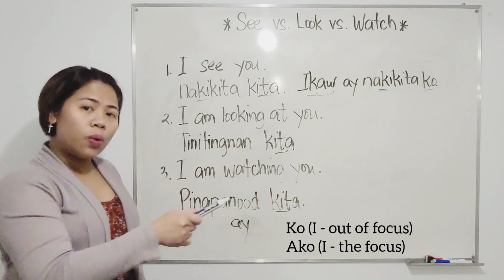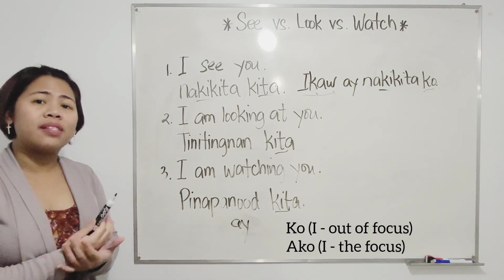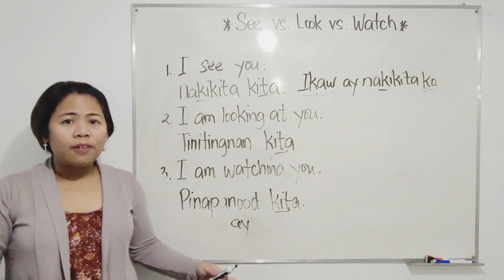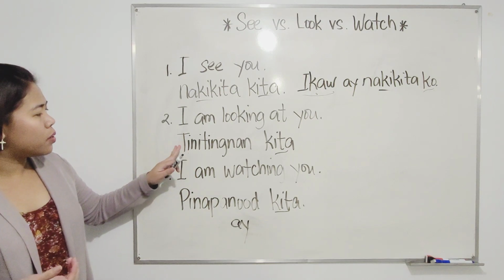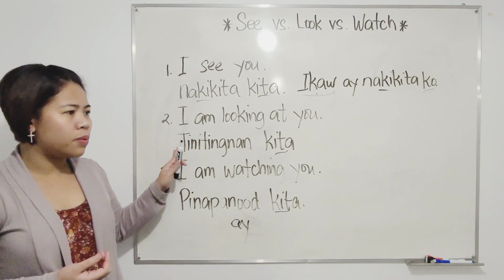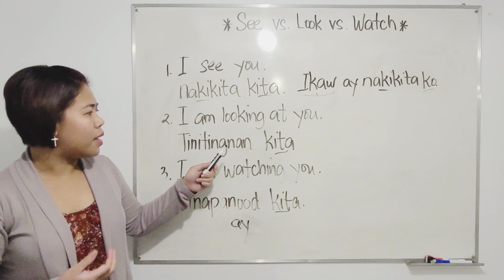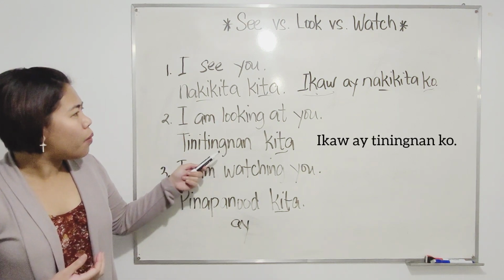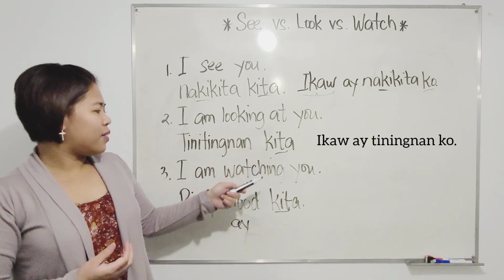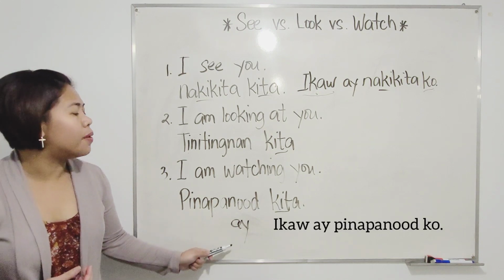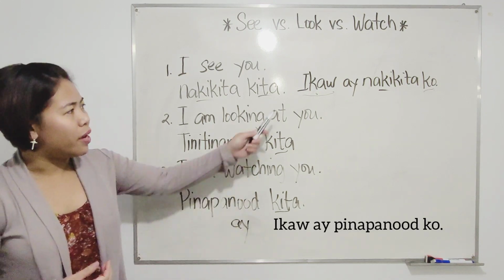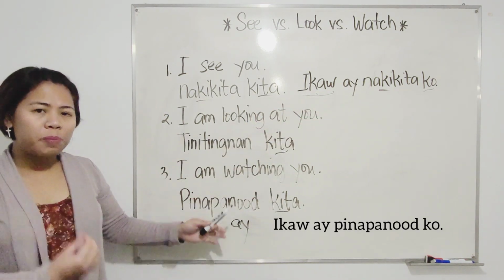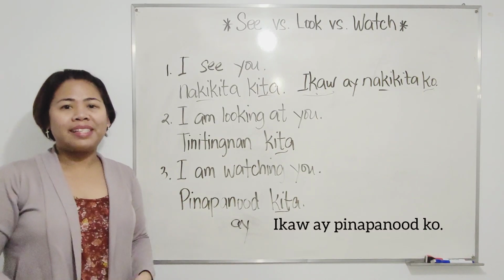Ikaw, which is you, is still the focus of the sentence. If you're wondering how we are going to convert these into formal written Filipino, it would be ikaw ay tinitingnan ko. And this one is ikaw ay pinapanood ko. It's the same format there. The speaker is not the focus of the sentence.